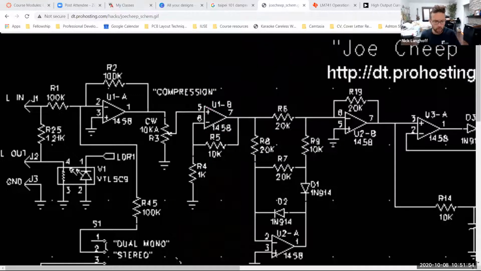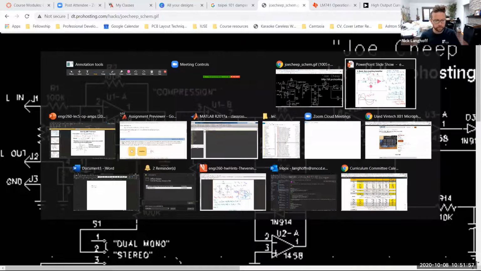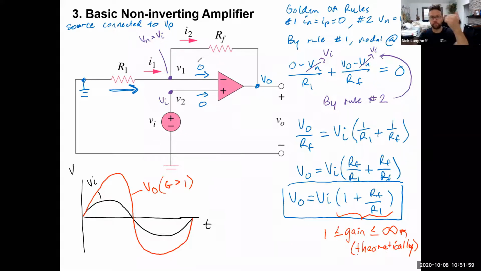All right, so now that we've derived the equations for the follower or the buffer, the inverting amplifier, the non-inverting amplifier, and we've derived the gain relationships for those, the V out to VI relationships, anytime you see one of those common blocks, you can use the equations that we've derived here. You don't need to rederive them from the basic op-amp rules and circuit analysis techniques like nodal analysis.